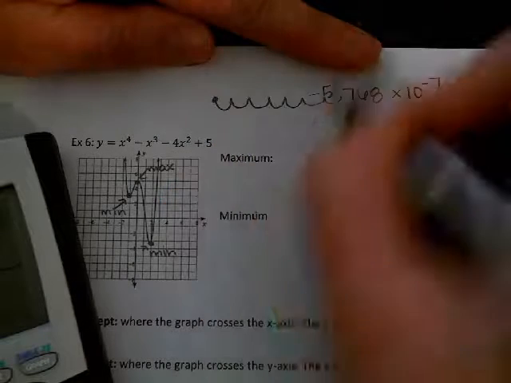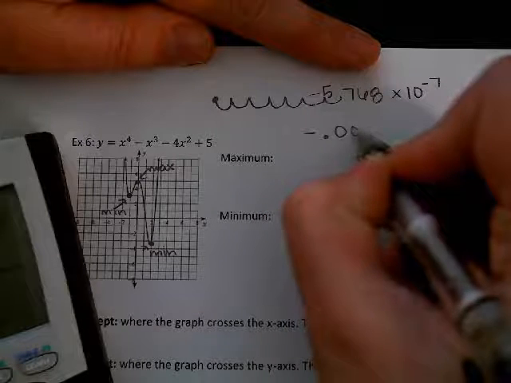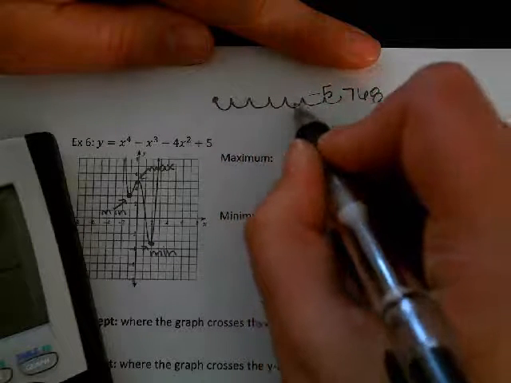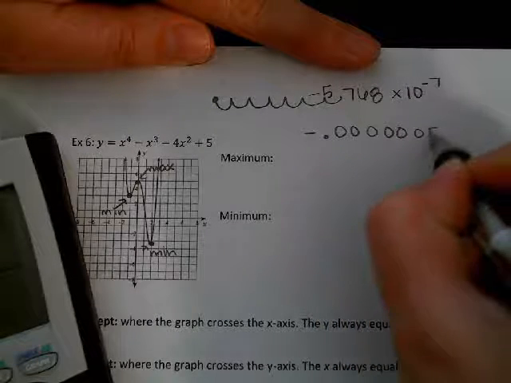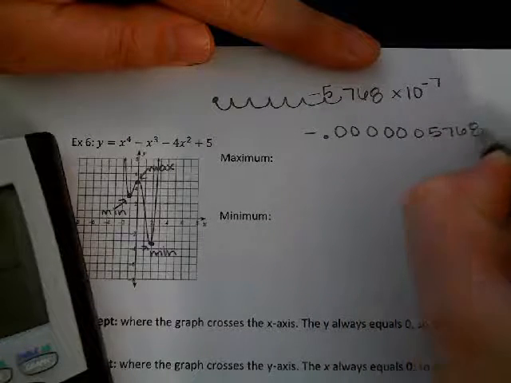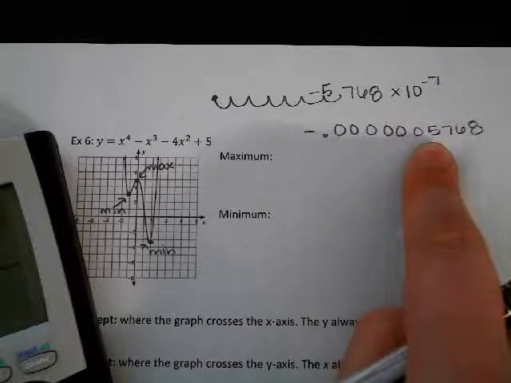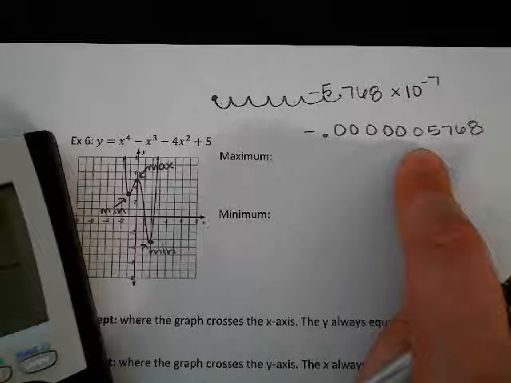So I had negative 0.00000 5.768. So if you saw that on your calculator screen, what number would you say that is basically your calculator trying to say? I'd say my calculator is trying to say 0.